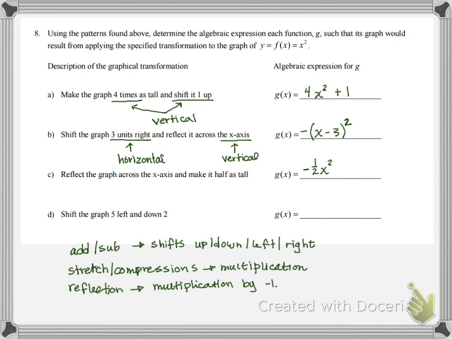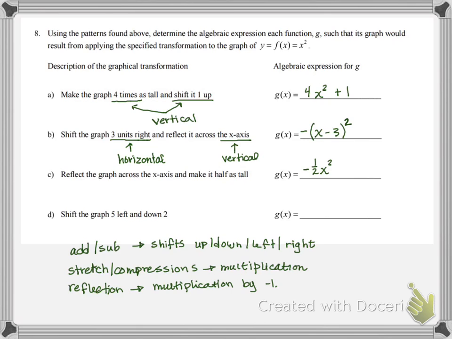We're going to call it a fraction just because that way if it was a third, it wouldn't be rounded. But yes. So we multiply to make it half as tall, and we multiply by -1 to flip it. So there's no shifting here, right? There's no addition or subtraction because we didn't go up or down or left or right. We just compressed it and flipped it, both of which we achieved through multiplication.